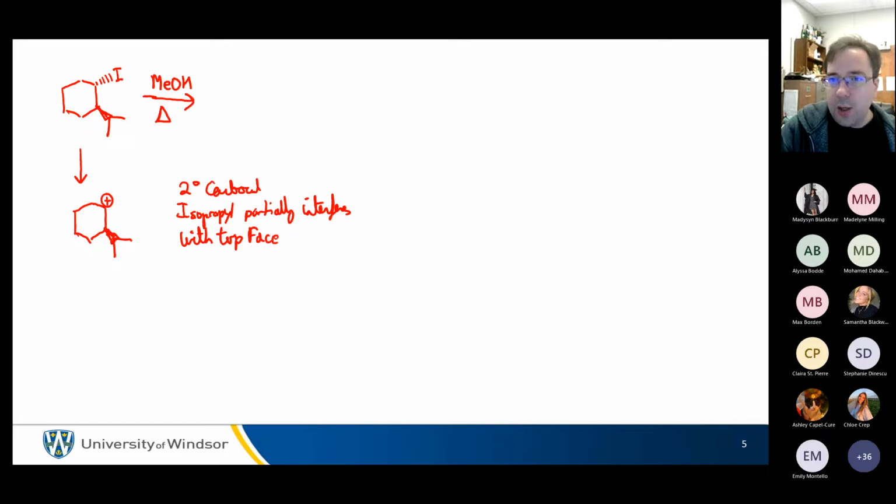Somebody pointed out a protic methyl group. That was Alyssa. I assume what you mean is a protic solvent, so we're in a polar protic solvent.